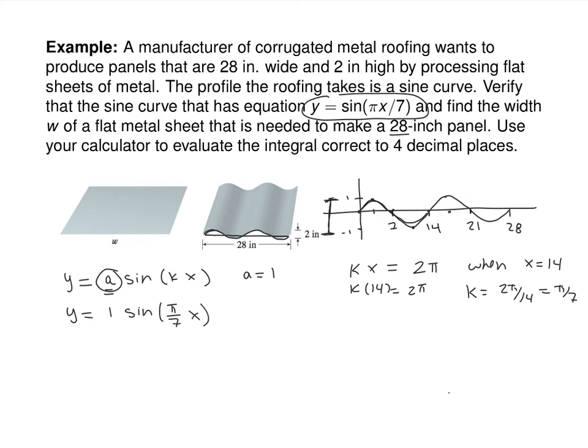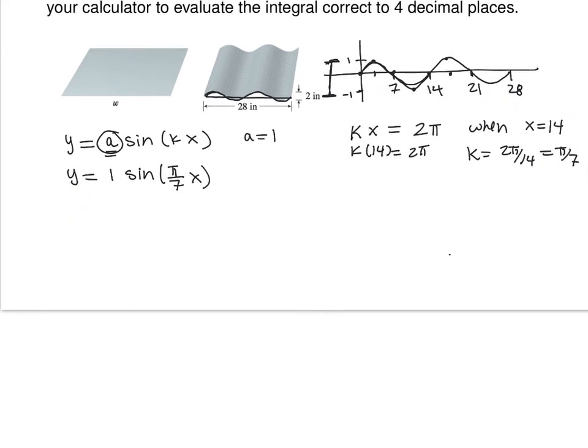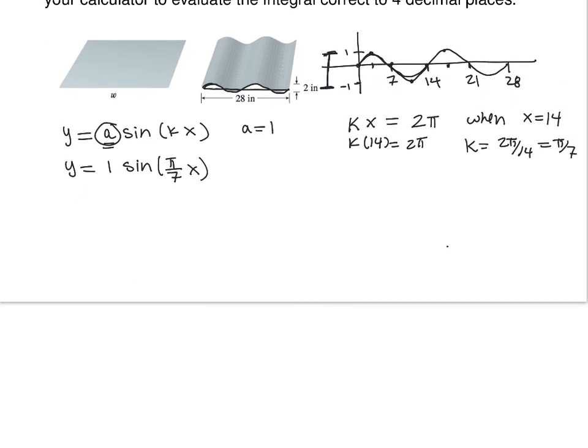And all we have to do now is find the arc length of that on the interval from 0 to 28, which, given that you have a calculator, shouldn't be super hard. So first, let's find y prime. It's going to be pi sevenths cosine of pi over 7x.